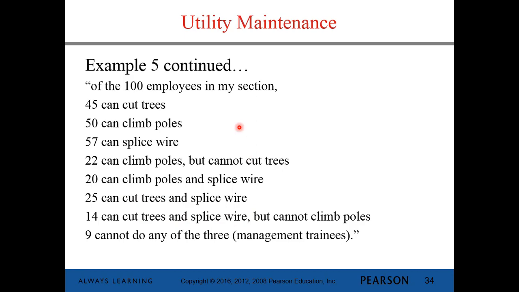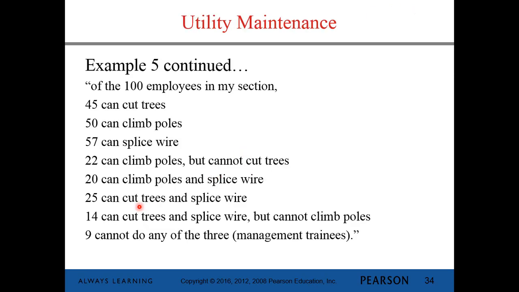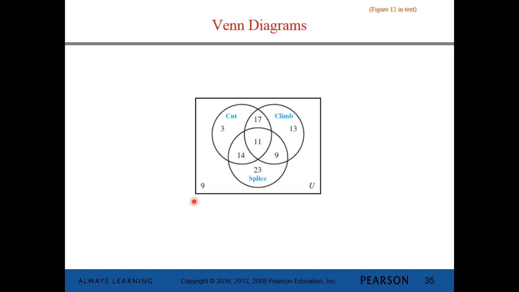So 25 cut trees and splice wire, there's a 25. But 14 can cut trees and splice wire, but not climb poles. So there's the 14, right? So that means of the 25, 14 are here, which means 11 is here, right?